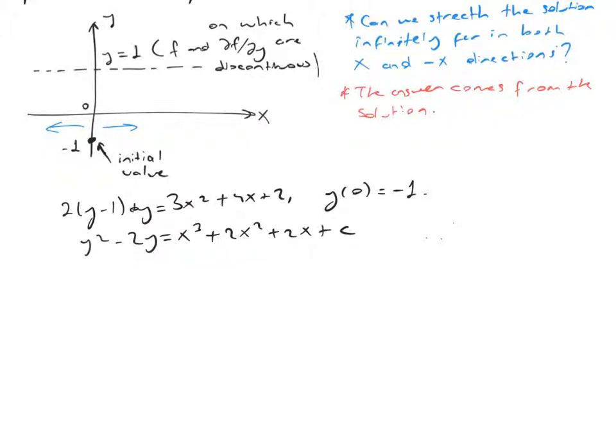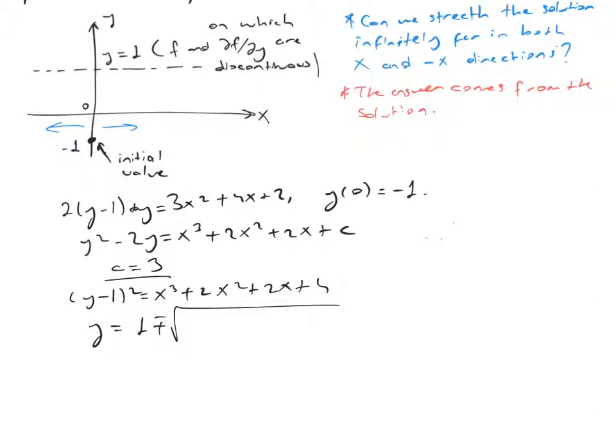In order to find the constant c, we will use the initial value, and from the initial value, which is y of 0 is equal to minus 1, we get c is equal to 3. So y minus 1 squared is equal to x cubed plus 2x squared plus 2x plus 4, and from here y is equal to 1 plus or minus square root of x cubed plus 2x squared plus 2x plus 4.